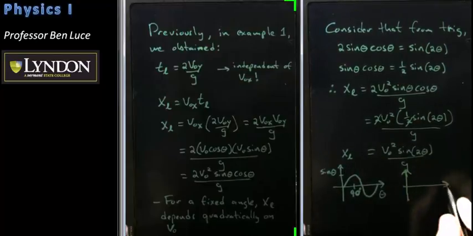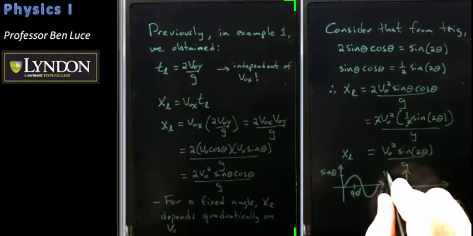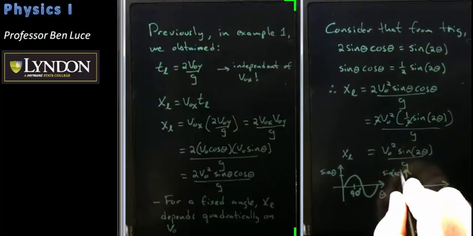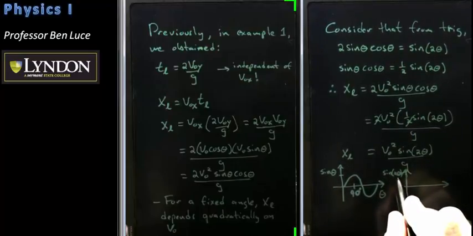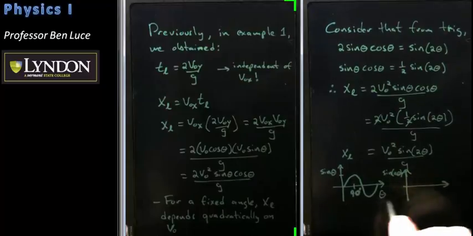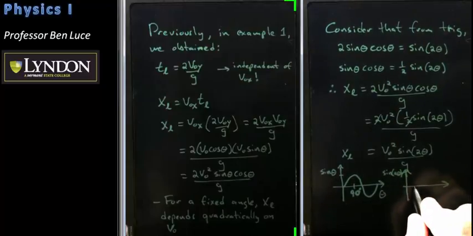If instead we graph sine of 2 theta, what the 2 theta does is compress the range. So in fact, sine of 2 theta will have its maximum at 45 degrees, the angle that I first accidentally mentioned.